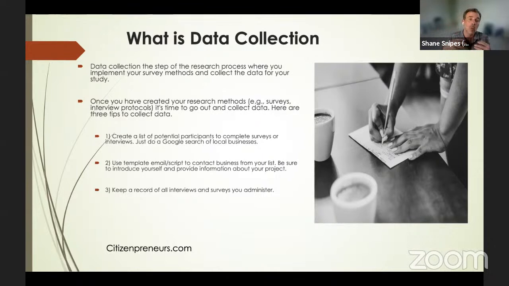One other tip when it comes to surveying is, if you're going to do surveys, consider doing a paper survey and going from restaurant to restaurant. These types of research projects that CEEP is really all about is you connecting to your local neighborhood. So the more you actually get down on the street and talk to the people in those shops and connect to the neighborhood itself, the better off you are.